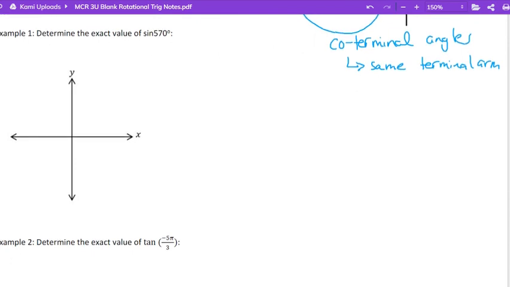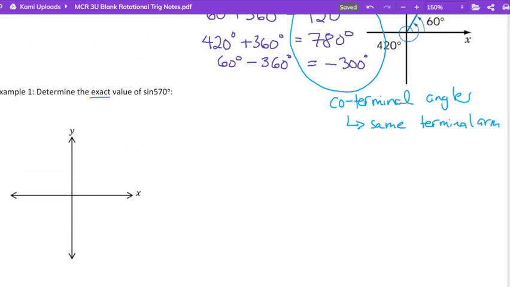We are asked to find the exact value of sine 570. Now, before we do anything, when you see the word exact, what are you starting to think about? You got it. Good. When you see exact, we are thinking, think special.